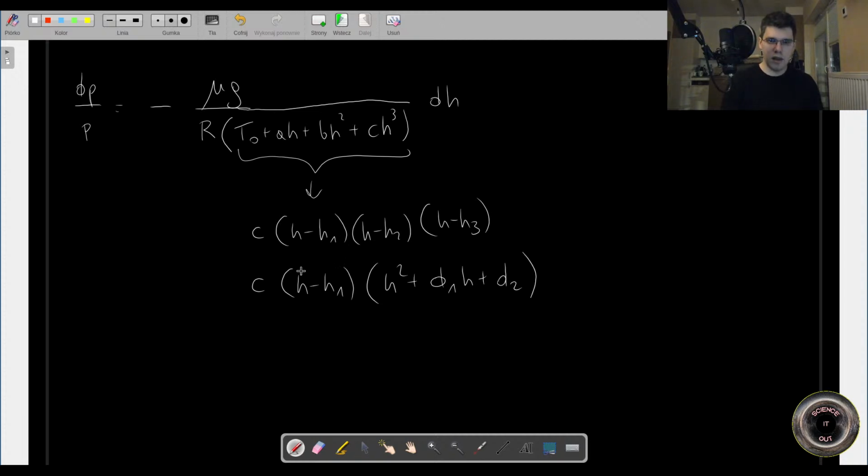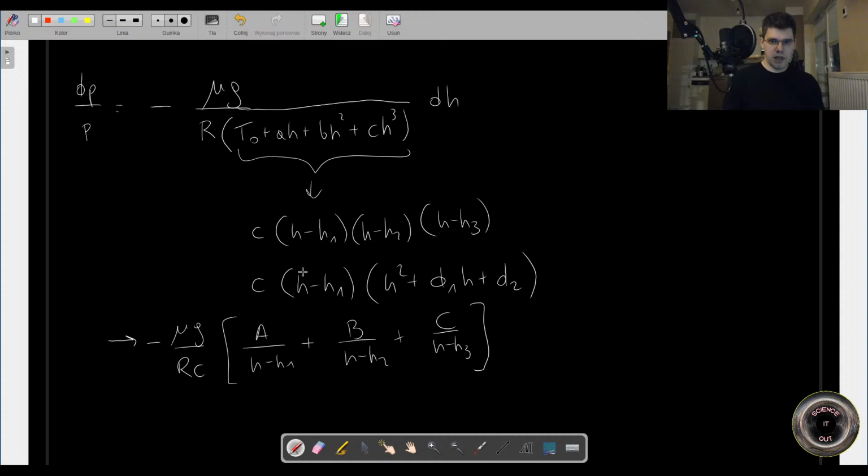So basically then we do it, and now please correct me if I'm wrong because I don't remember exactly, but I believe that what can be done is we take this C out, and then from this we do something like a over h minus h1 plus b over h minus h2 plus c over h minus h3.